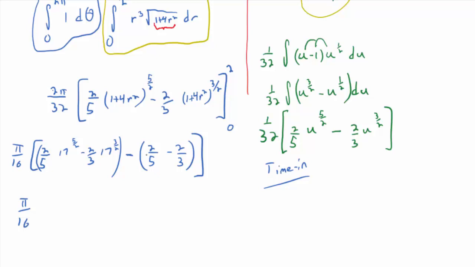So this would be 6/15 minus 10/15. So negative 4/15, but then we have a plus here, so plus 4/15, is that what I said? Everybody buy that?